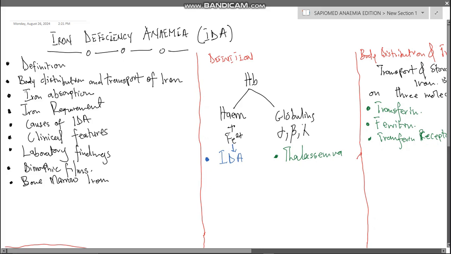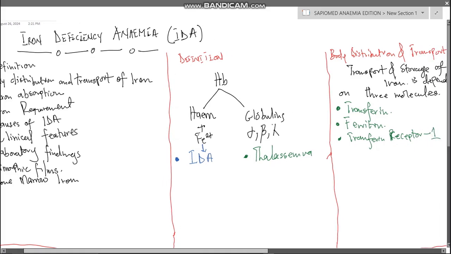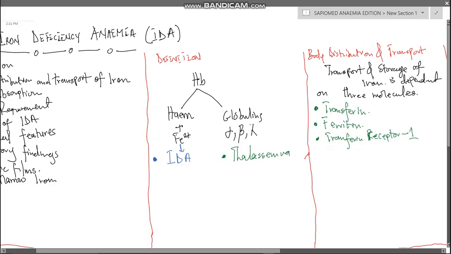Alright, let's get started. So, when we talk about iron deficiency anemia, first thing that we have to know is that iron deficiency anemia is one of the two major differential diagnoses of microcytic anemia.